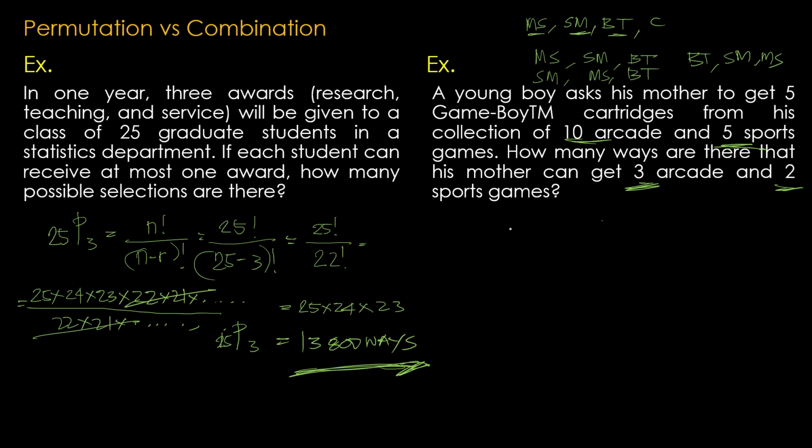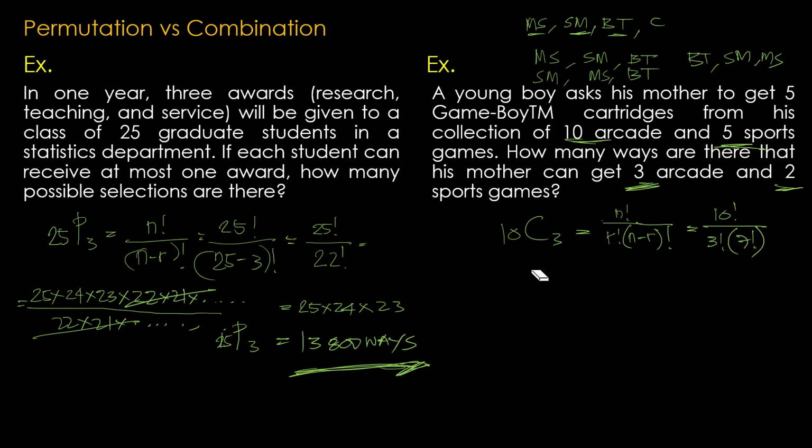Wherein we are to choose 3 from 10 arcade games, and 2 from 5 sports games. So, what's the formula for combination? That is n factorial over r factorial times n minus r factorial. If our n is 10, that would be 10 factorial over 3 factorial times 7 factorial.